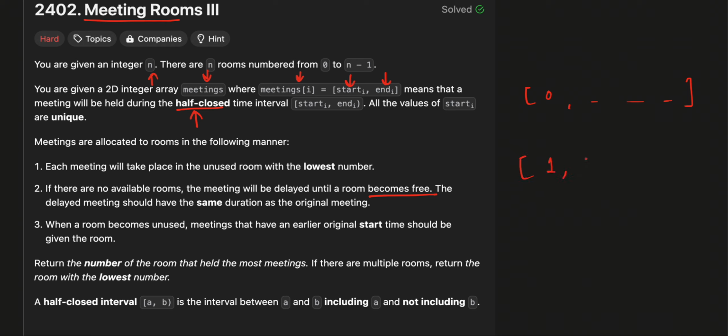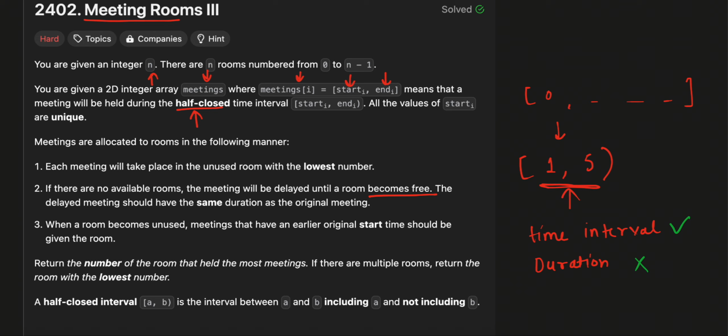So if a meeting from 1 to 5 got delayed, when it occupies another room the duration will be the same, but the time interval gets changed. The time interval can be changed, but the duration can't be changed.